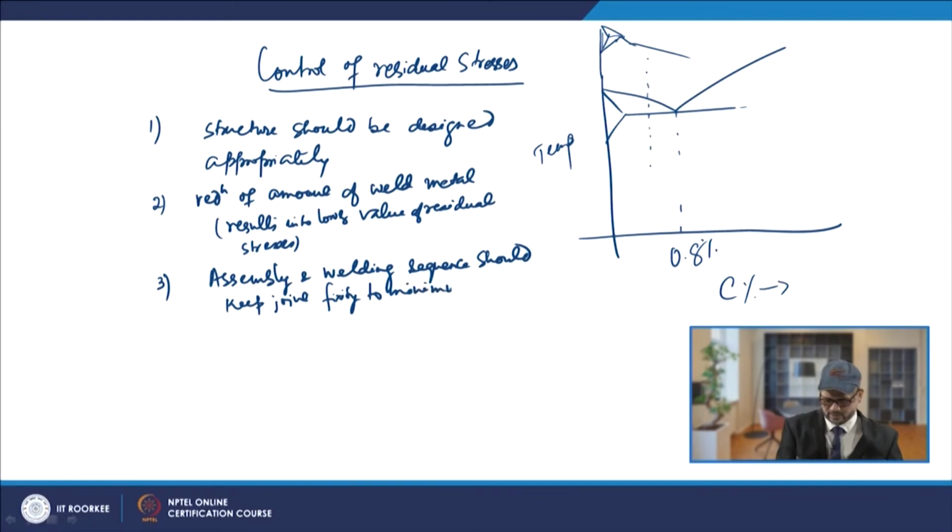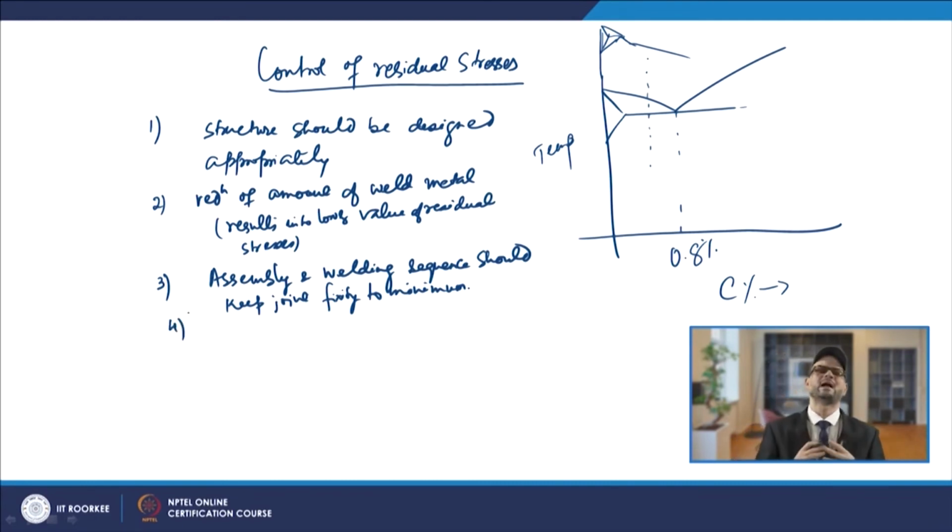This proper welding sequence and assembly should be maintained so that the joint fixity is minimal. In those cases, it can be ensured that a lesser amount of residual stress is generated.